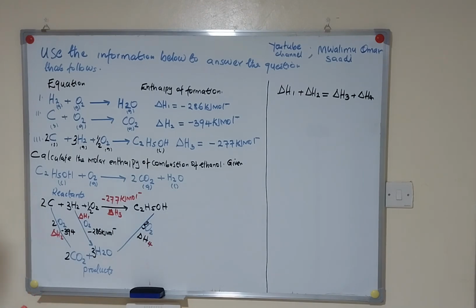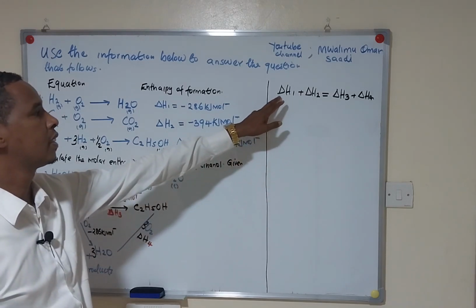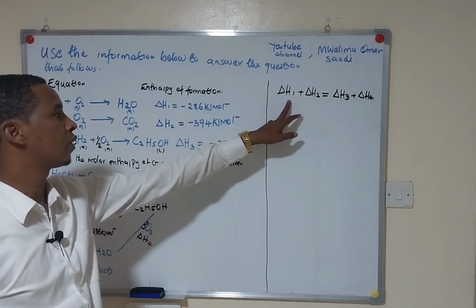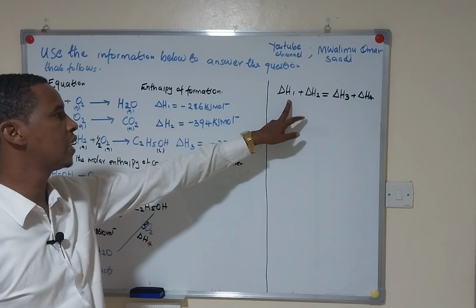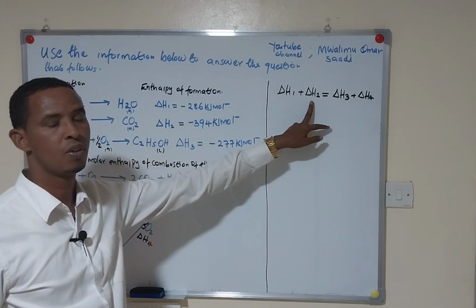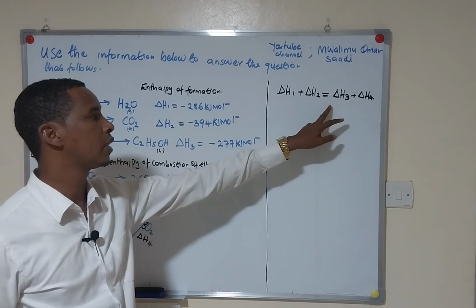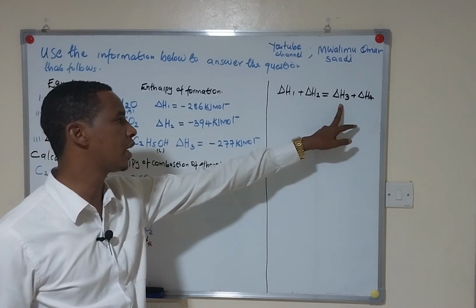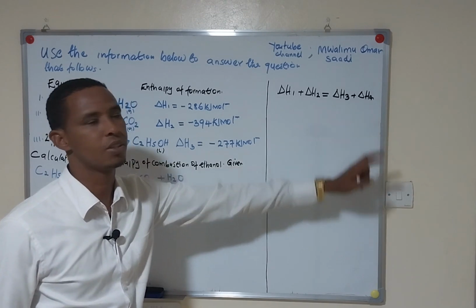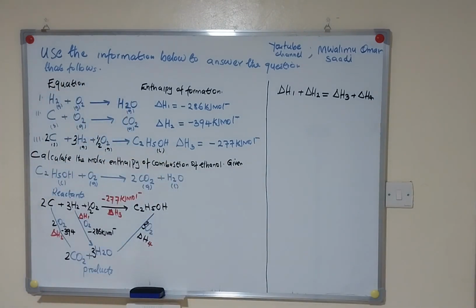So we simply now add. The enthalpy of combustion of hydrogen plus the enthalpy of combustion of carbon is equal to the enthalpy of formation of ethanol plus the enthalpy of combustion of ethanol. For the enthalpy of combustion of hydrogen, we have got negative 286, and we multiply by 3, that is the mole ratio.